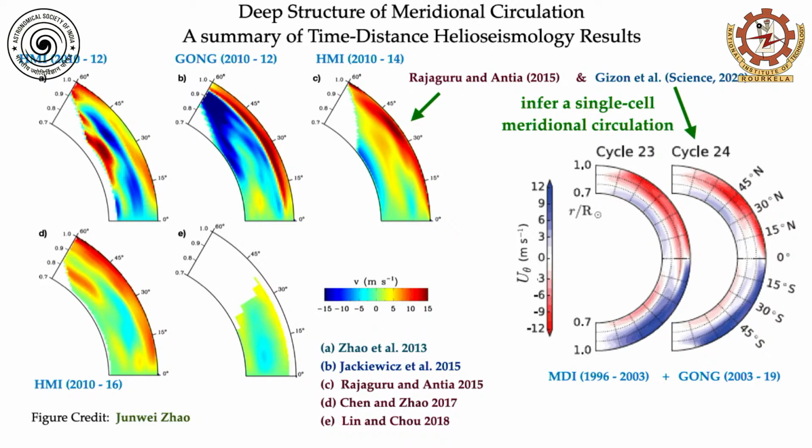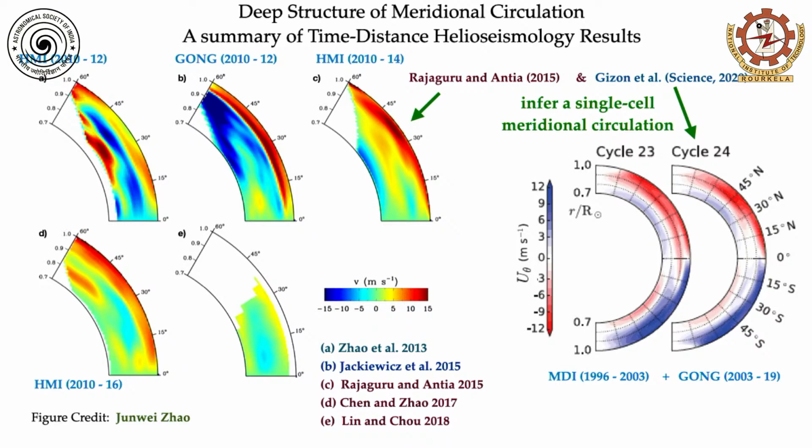But the latest result in this field is by Gizon et al. It was published in 2020, and they used two full solar cycles of data from GONG and MDI combined, and they found a single cell.